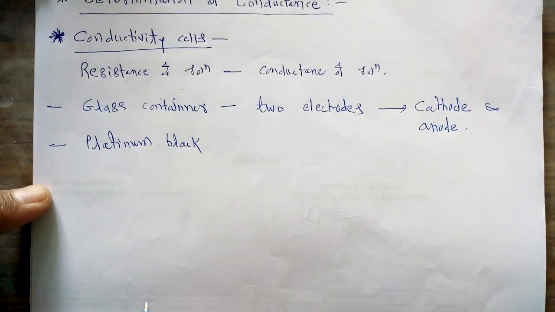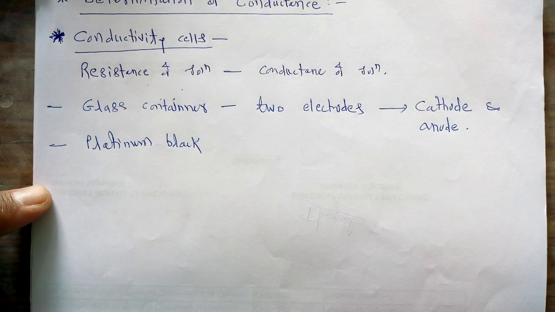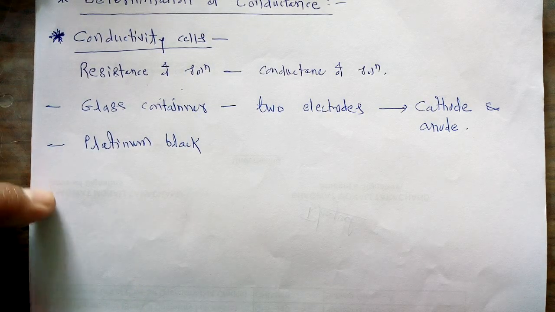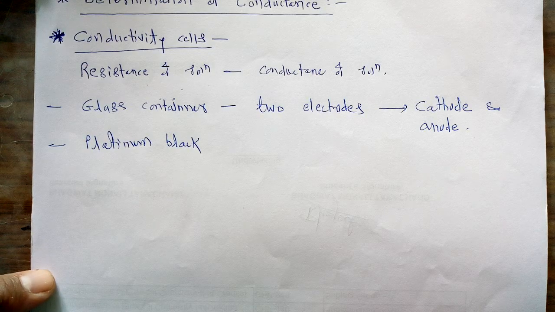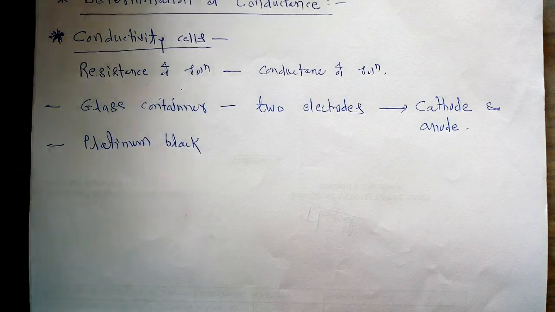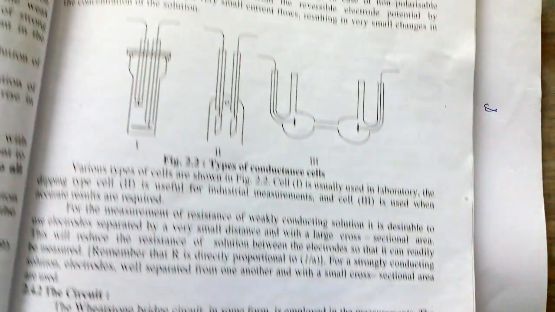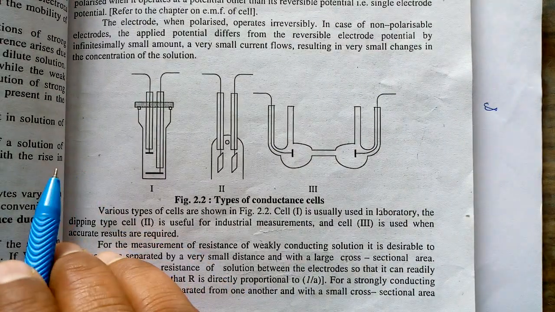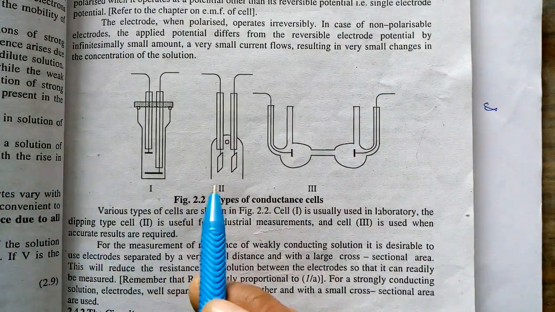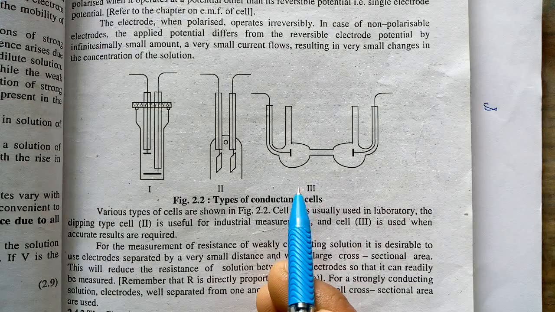Now these conductivity cells are of different types. Different types of conductivity cells are employed as the principle or the requirement changes. Basically, three types of conductivity cells are commonly used: the first, second and third type.